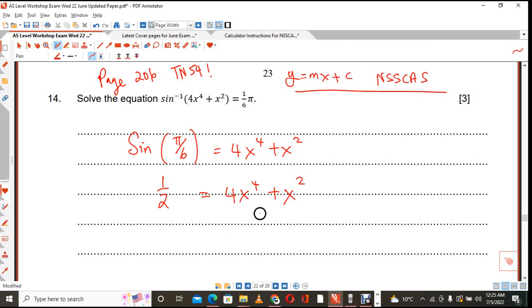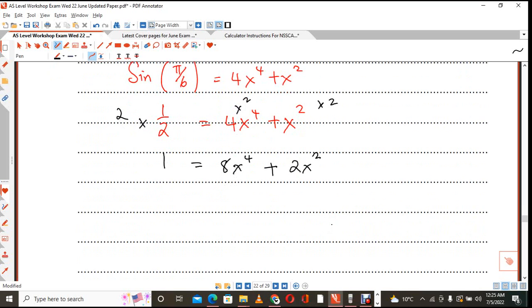Right, so our objective is to solve this equation. There are many ways that you can solve it. I suggest you get rid of the 2 underneath because you don't like to work with it. So multiply each term by 2. That's going to be 8x to the power 4 plus 2x squared, and then you can rewrite it as 8x to the power 4 plus 2x squared minus 1 is equal to 0.